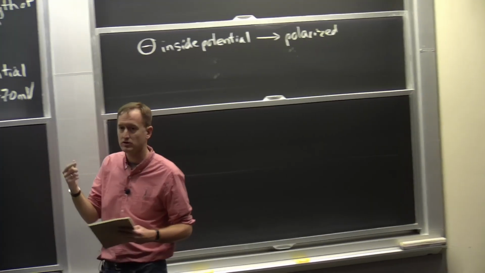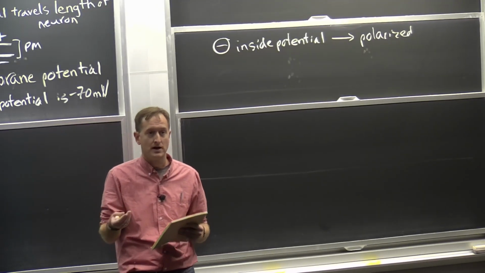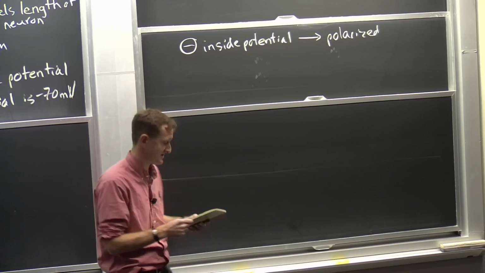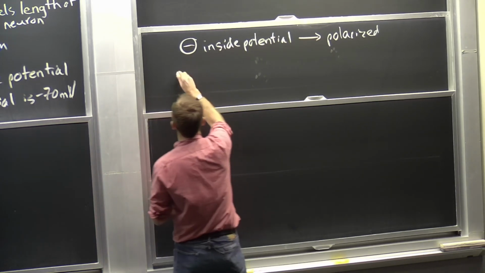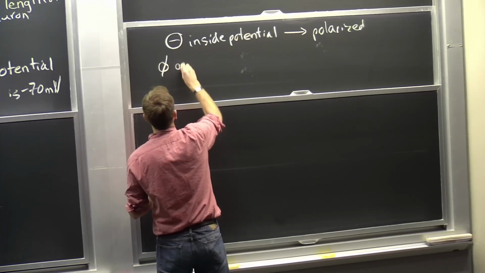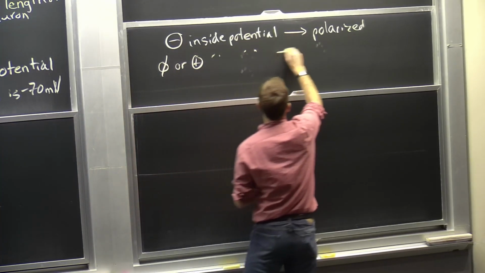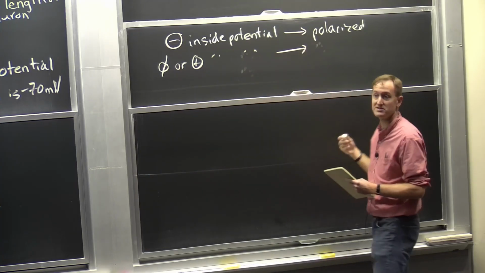However, the cell can lose this polarity and not have a charge differential, or it can flip and be positive on the inside. And when that happens, if there's either zero or positive inside potential, this is referred to as depolarized.